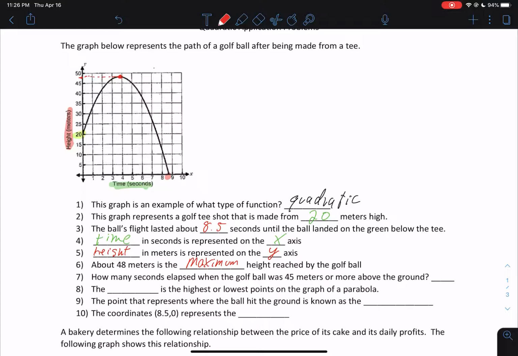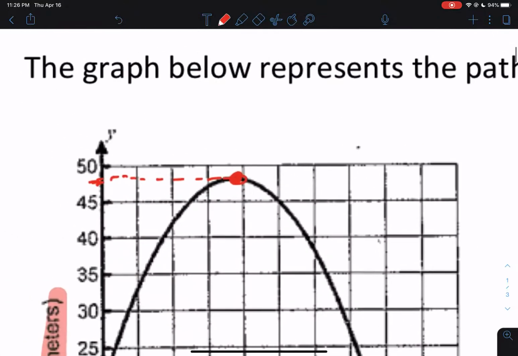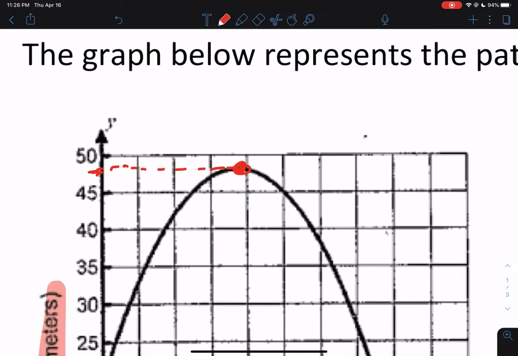How many seconds elapsed when the ball was 48 meters or more above the ground? Here we need to pay attention to how much time the ball was above 48 meters. If we take a closer look, the question is, for how much time was the ball up here above 48 meters?